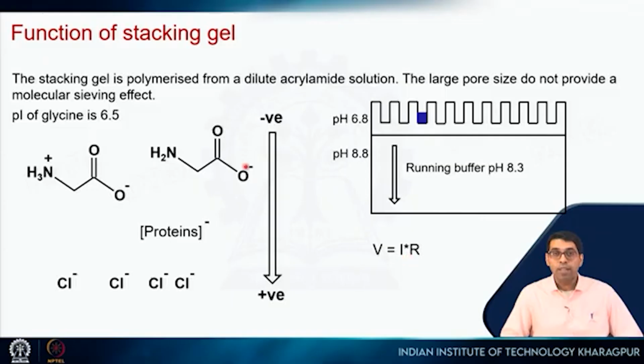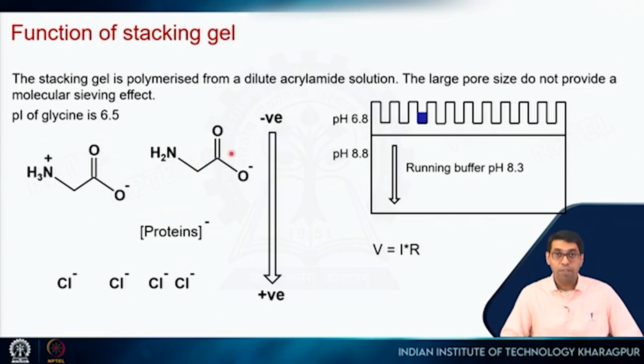Since you have fewer ions, your resistance becomes high. To maintain the same current, your local voltage will also become high because the resistance has increased. So in the region where the glycine ions are moving, the local voltage increases, and that increase results in faster moving of the protein molecules.